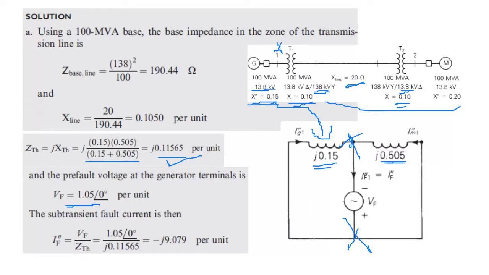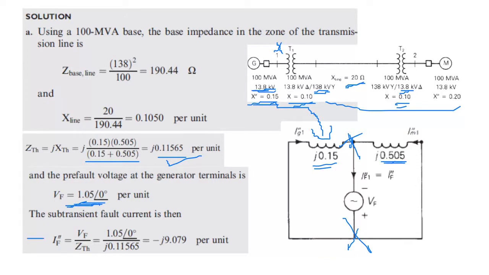Because it's operating at 1.05, 5% above: 13.8 times 1.05 over 13.8 gives you 1.05 per unit.